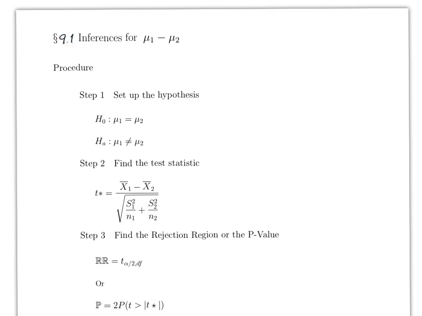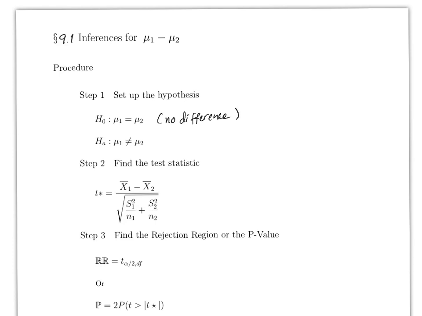The main difference here is you have two samples instead of one, and that's going to make step one actually a lot easier than it was in chapter 8. For example, here the claim is the two means are the same, which means that there is no difference between the two samples.